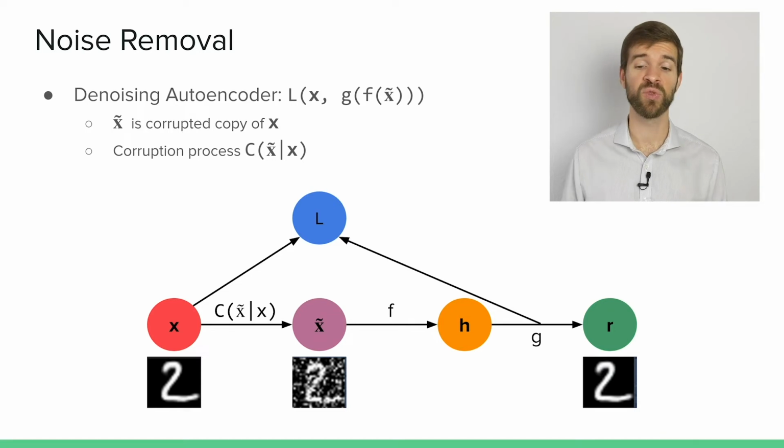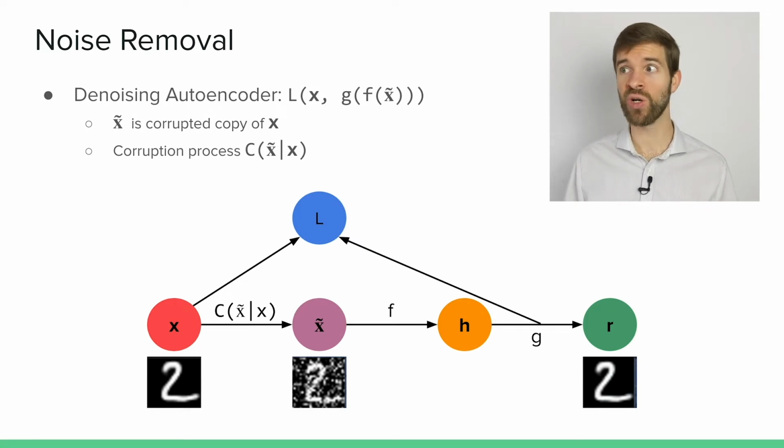Another cool example is that we can train an autoencoder to do noise removal. A denoising autoencoder works as follows. We have our standard, clean input X, and there is a corruption process. Somewhere along the way, our clean signal X got corrupted and became this X tilde. And we have to specify this corruption process.